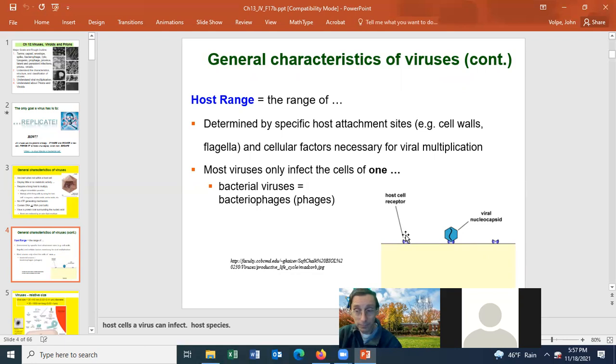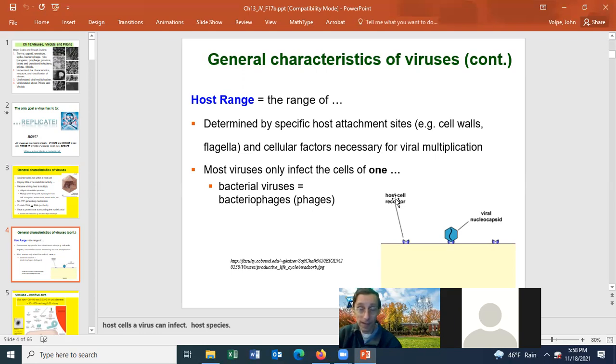Like COVID-19, that's a bad example because it can infect cats especially. HIV would be a better example, and that is it generally only, at least human HIV, only infects human cells, and actually only certain cells of humans, like the brain and helper T cells.